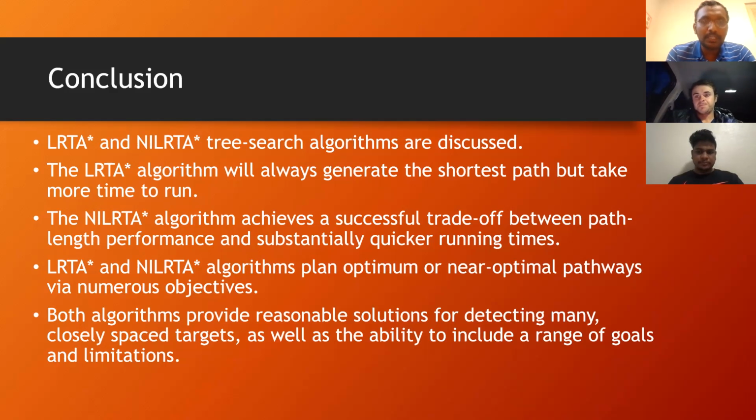Coming to the other one, NI-LRTA achieves a successful trade-off between path length performance and quicker running times. These algorithms plan optimum and near-optimum pathways. Both algorithms provide reasonable solutions. Both have some advantages and disadvantages, but they do produce fruitful results, as well as the ability to include a range of goals and limitations. Thanks, and Charan will continue.